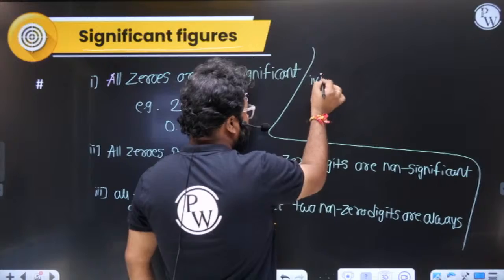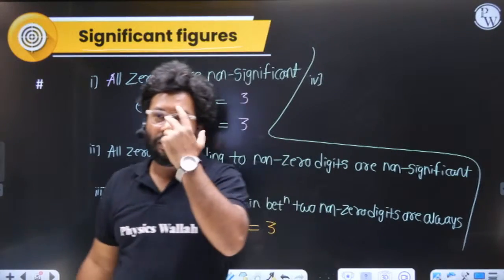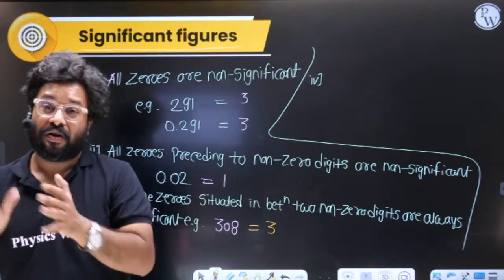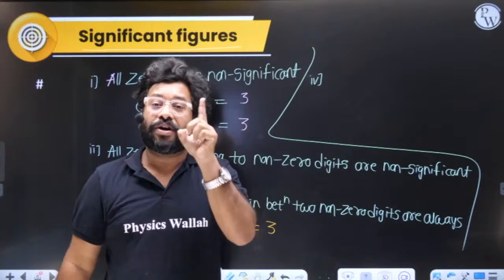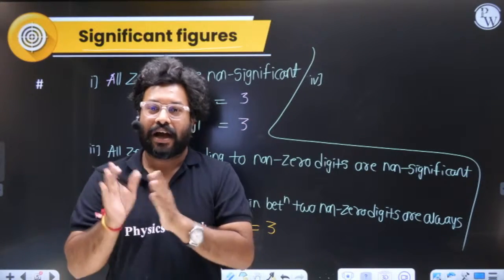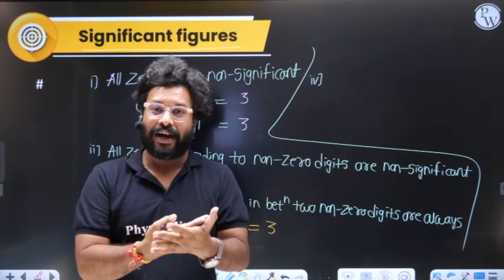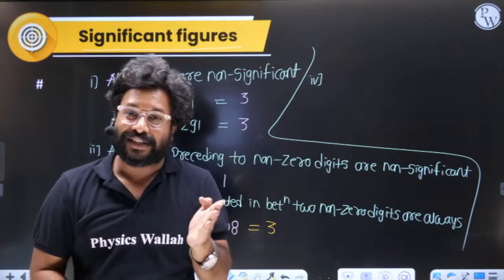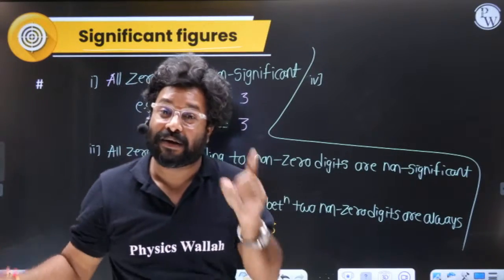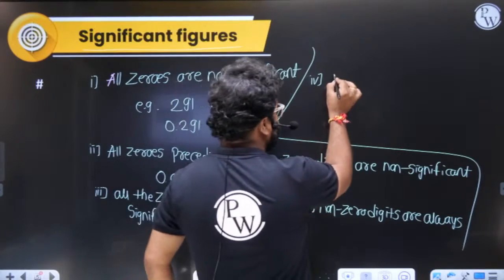Now, all the zeros which are present on the right hand side of a non-zero digit are significant, provided those zeros are coming after a decimal point. Listen to me carefully.